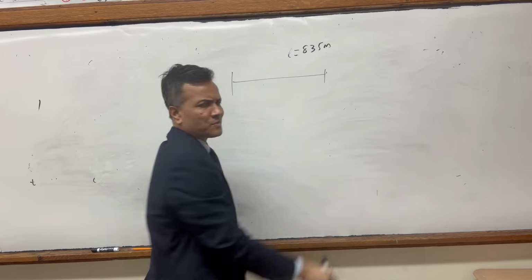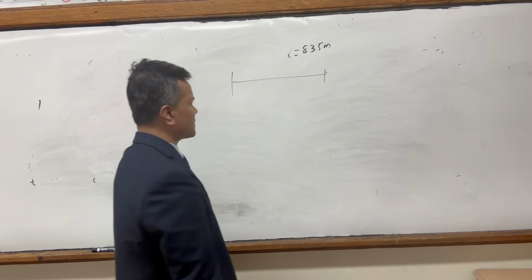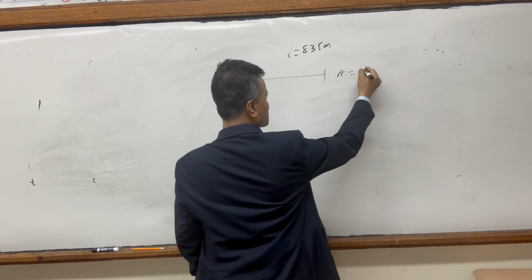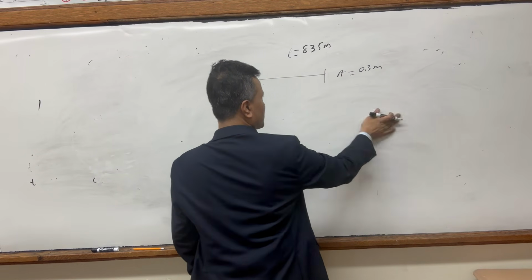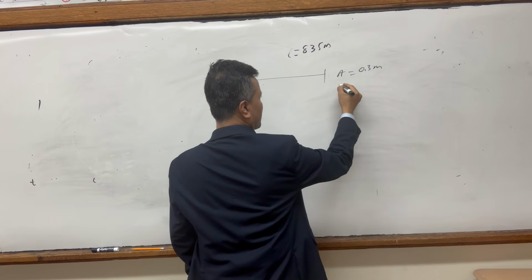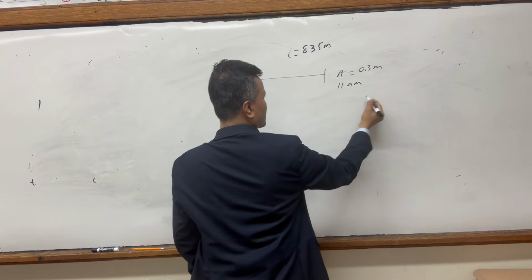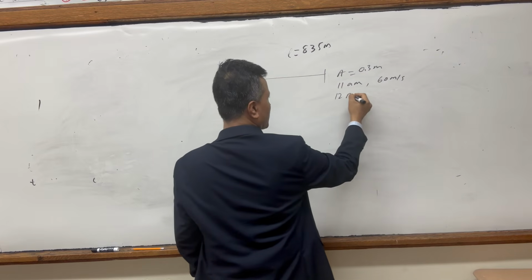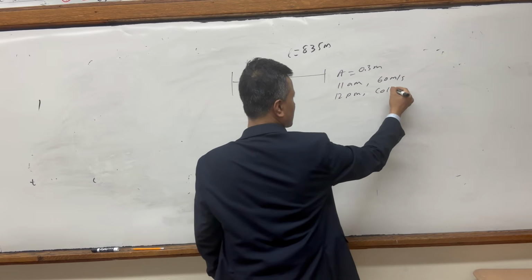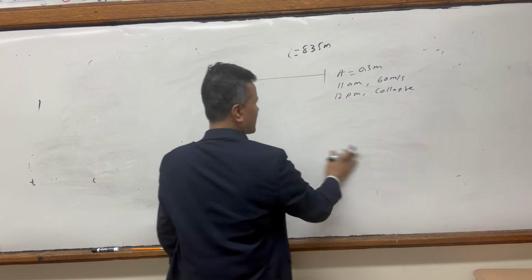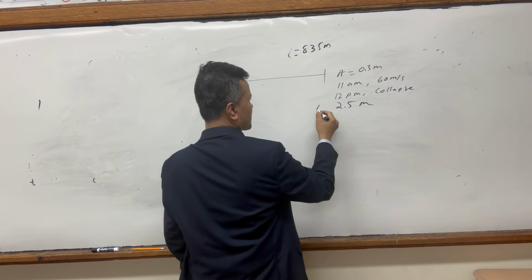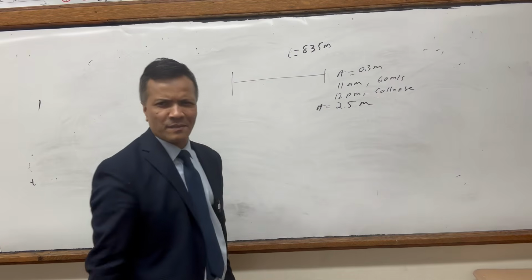I'm not making it up, you can check on the internet. Its initial amplitude was 0.3 meter at 11 a.m. when the wind blew at 60 meters per second, and at 12 p.m. it collapsed. When it collapsed, its amplitude was 2.5.